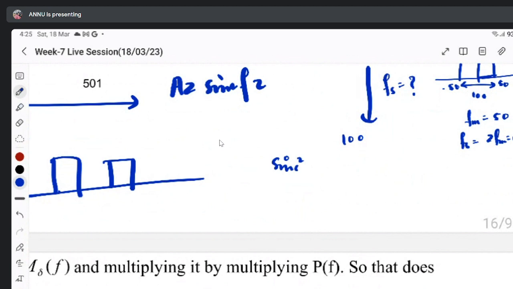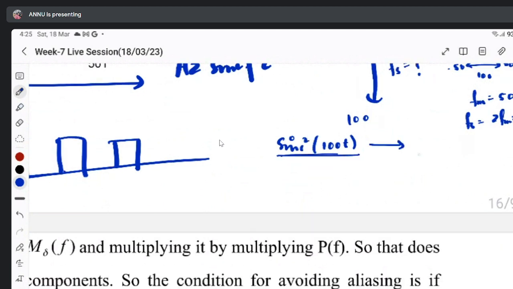This is the favorite question of gate. This year you might not have got it, but I have seen many questions of sinc square, the triangular pulse. So what should be the sampling frequency of this? It will be 200, ma'am. Now the bandwidth becomes 100. Yes, nice.